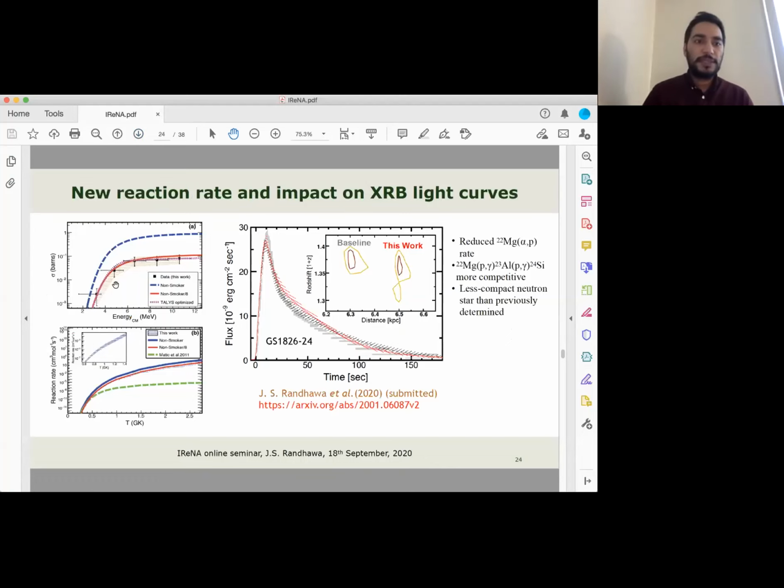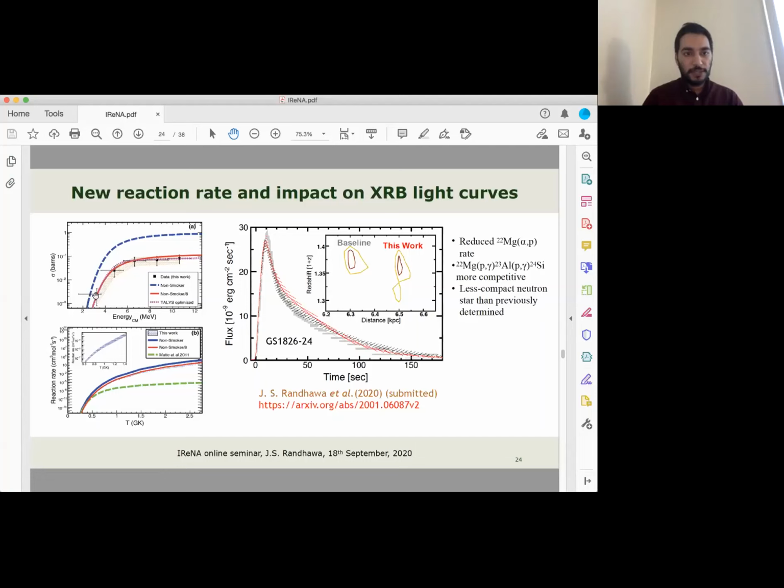Okay, so these are the results I have. The blue dashed line is from the NON-SMOKER code, and these are the data points that we get. The black dots are shown at the weighted energy for each energy bin we have.